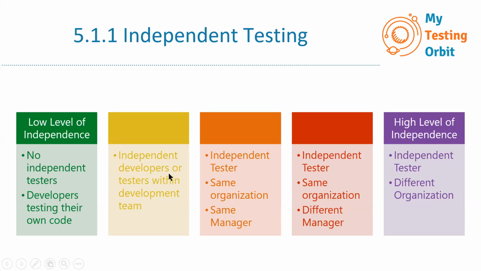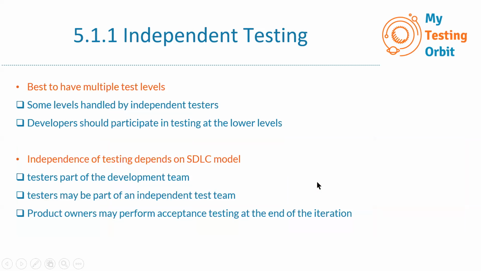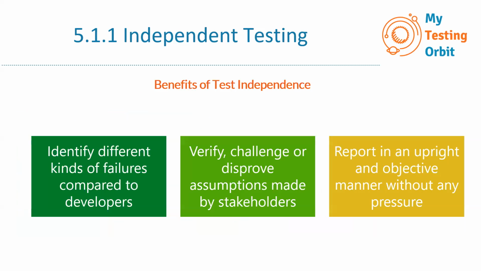While when it comes to pressure, it can actually apply to the first four at different levels. So that's what's mentioned over here: a benefit of test independence is that the tester can report in an upright and objective manner without any pressure.